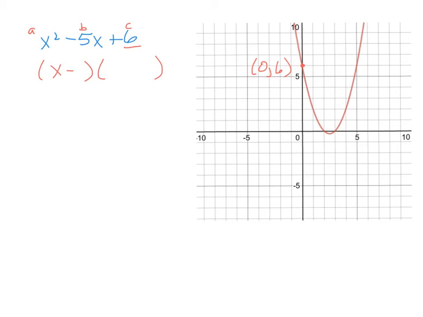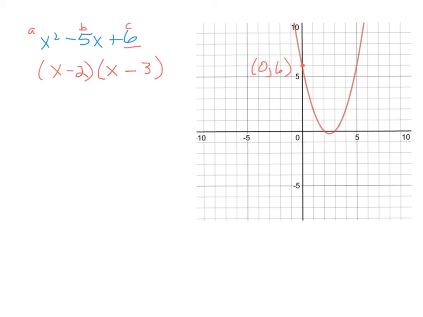So I can add that in, x minus. And now I need two numbers that add to 5 but multiply to 6. We could build our diamond and go through that process, but I can recognize it pretty easily. Two numbers that add to 5, multiply to 6, that's simply 2 and 3. And if you multiplied this out, you would immediately see that that is indeed the factored form.